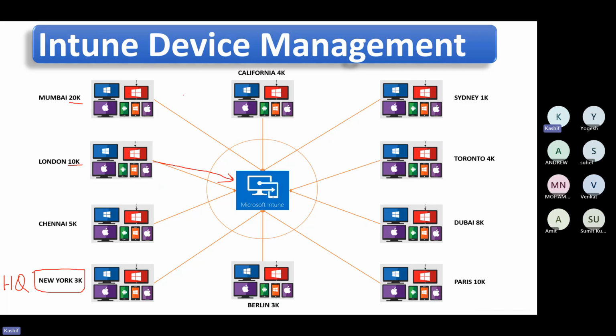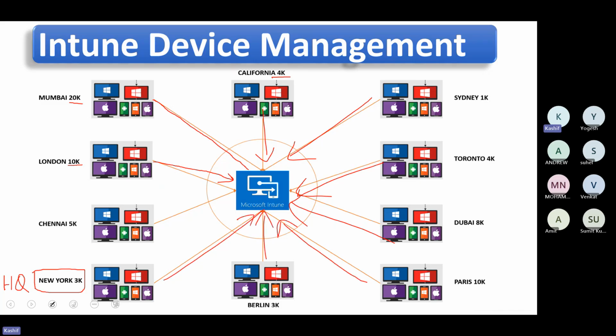20,000 devices in Mumbai, you need to enroll into Intune. 4,000 devices in California, enroll into Intune. So from each region, you need to enroll the devices into Intune. And then Intune will be controlling the devices from a centralized location. As an Intune administrator, you will have complete control on the devices.